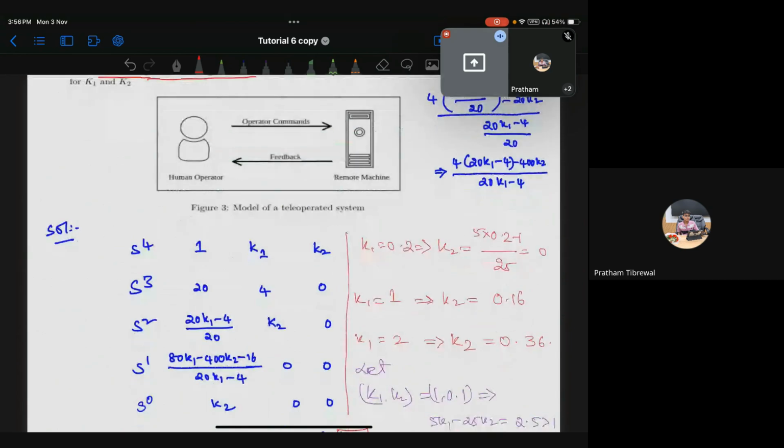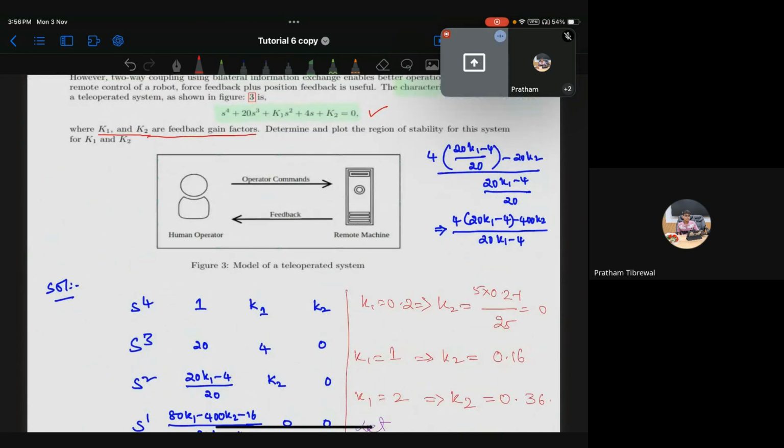Now let's start with that. You write s power 4, s cubed, s squared, s power 1, s power 0, and fill these first two rows, where s power 4 has coefficient 1, s cubed is 20, s squared is K1, s is 4, and s power 0 is K2, and the last one is 0.